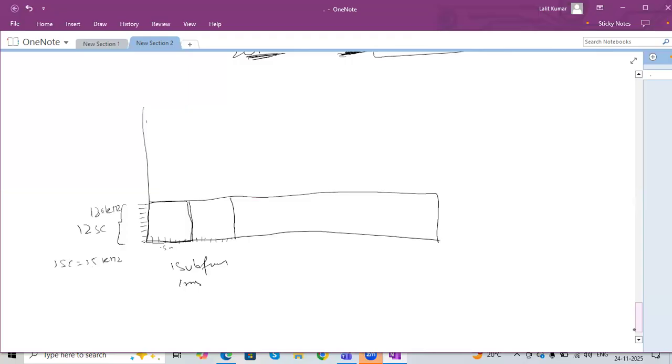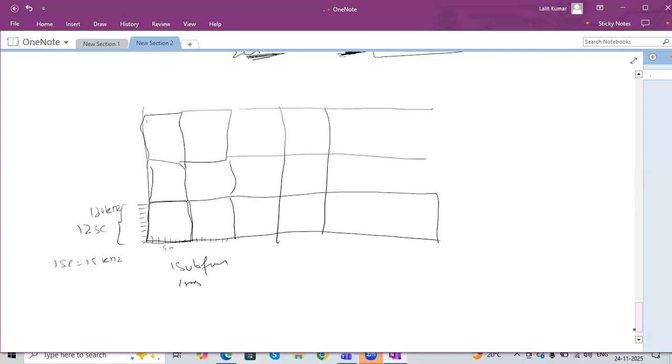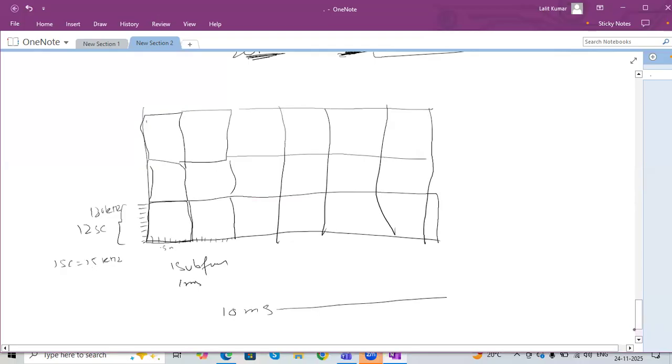The same thing will repeat above. It's the entire frame structure, 10 milliseconds, one frame.